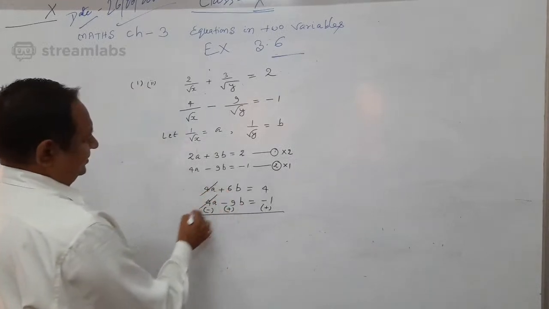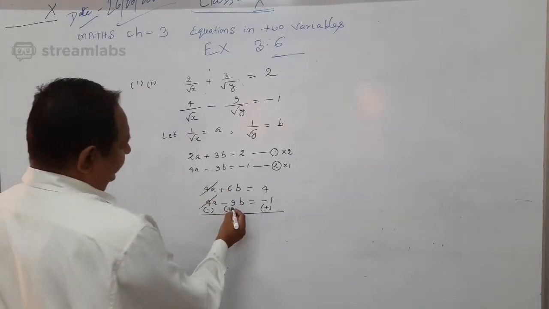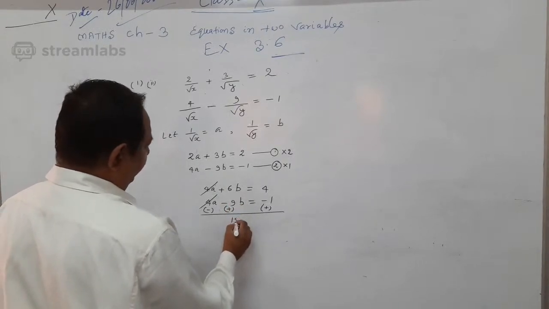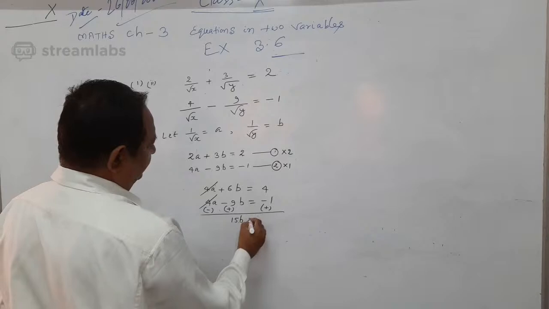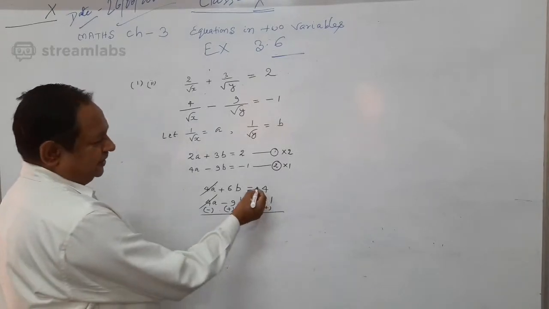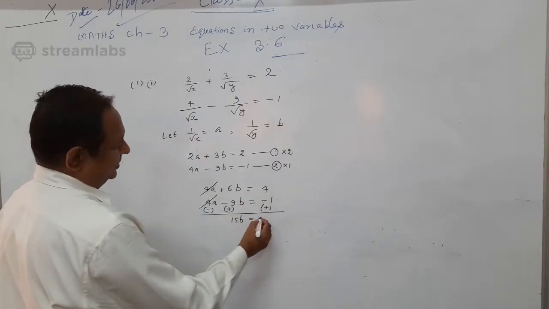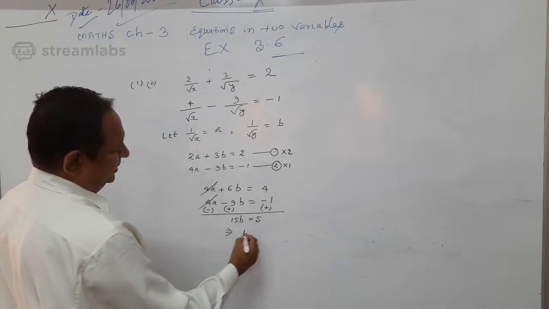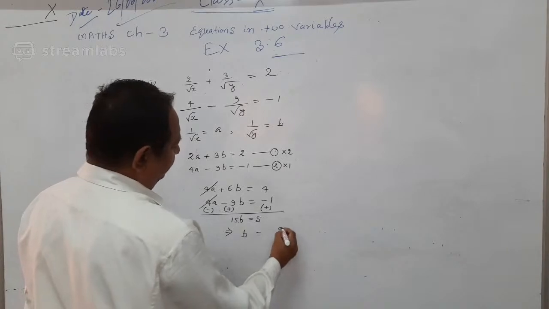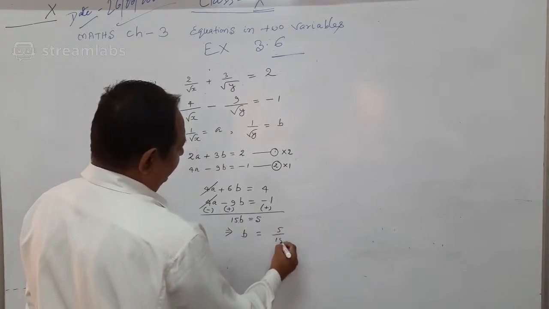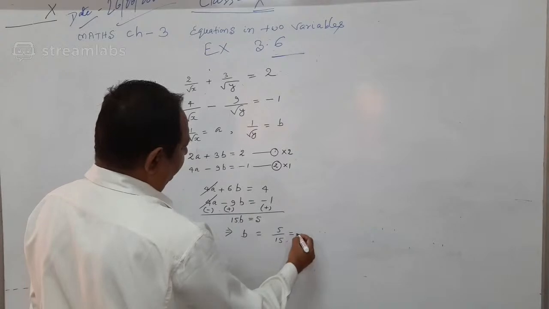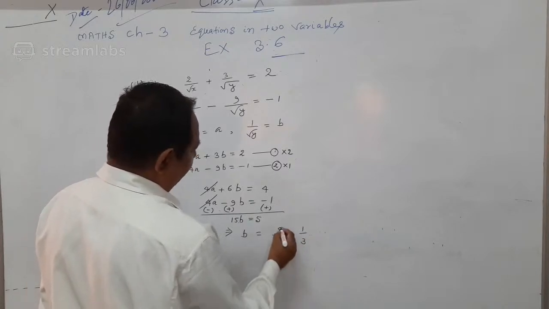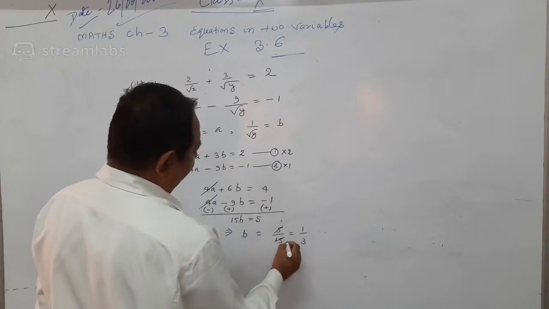So this is cancelled. 9b plus 6b is 15b, is equal to 4 plus 1, that is 5. This implies that b is equal to 5 by 15. In simplest form, we can write 1 by 3. 5 ones are 5, 5 threes are 15.